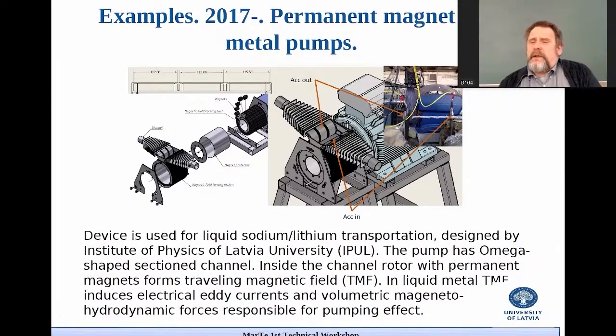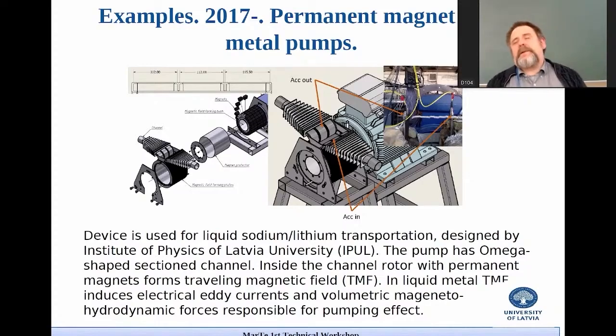We are doing some pumping systems, basically pumps, for liquid metals. Let's say lithium, sodium. Lithium pumps can be used, for example, for production of batteries for your laptops and so on. In those factories, they use lithium pumps.